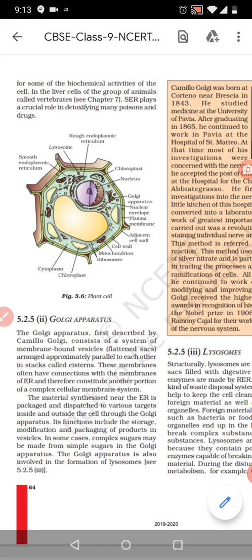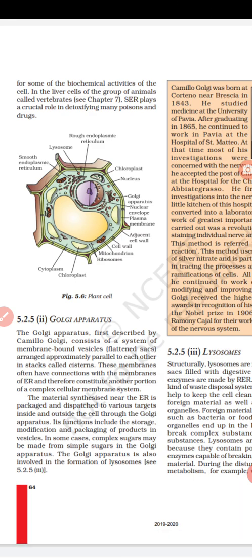The next function we have also studied, children, is that it increases the surface area for various chemical activities of the cell. It also keeps the cell flaccid. Flaccid means, children, fluffy. It also helps in the transportation of material between various regions, from cytoplasm to nucleus.